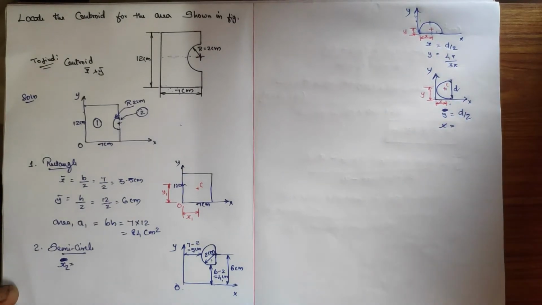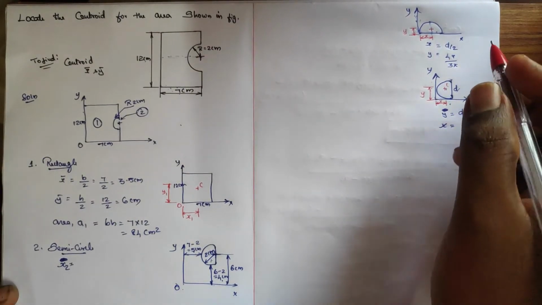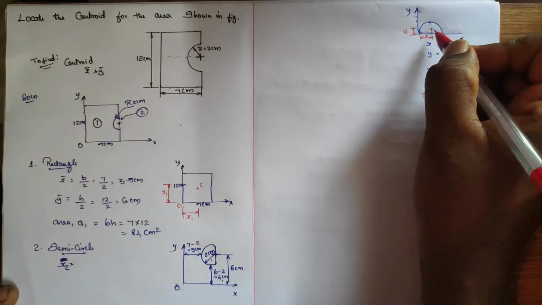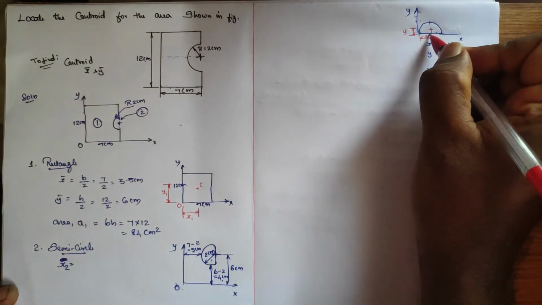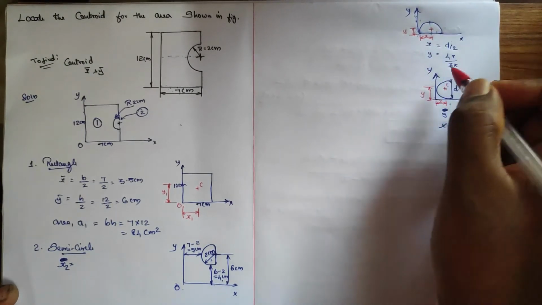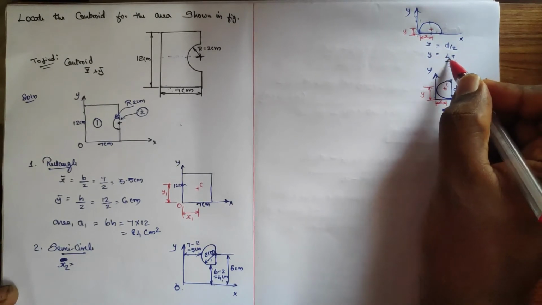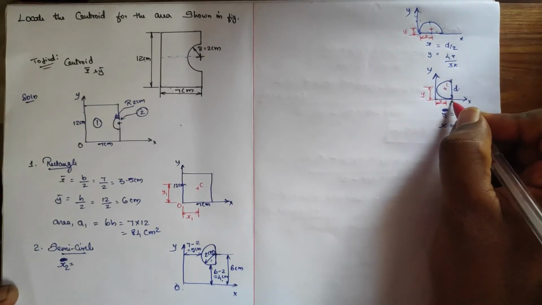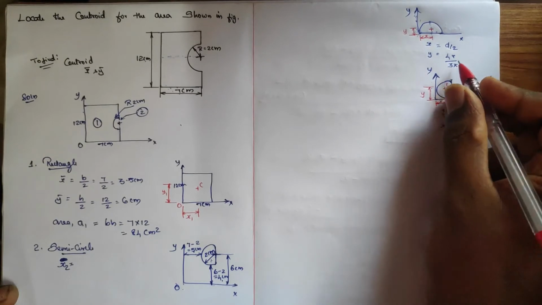This is x. Okay. So we know from this diameter to this, which we have identified as 4r by 3 pi. Am I right? This measurement is here 4r by 3 pi.